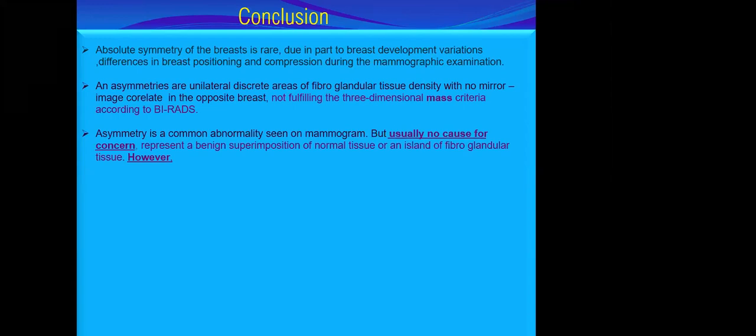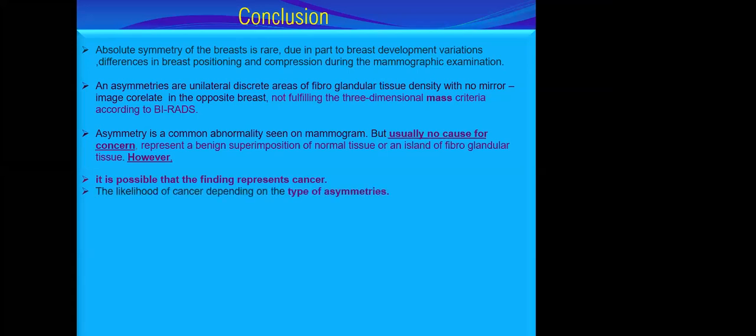Asymmetry is a common finding seen on mammogram, but usually not a cause for concern, representing benign superimposition of normal tissue, an island of fibroglandular tissue. However, it is possible that the finding represents cancer, and the likelihood of cancer depends on the type of asymmetry.